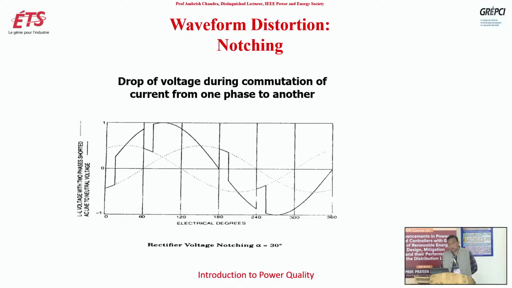voltage during commutation of current, because there is a source inductance which will prevent the current from reducing to 0 instantaneously, so it will take some time because of inductance, and another set of thyristors will take some time to build up the current, so there is a commutation overlap, and because of that we have the voltage drop.